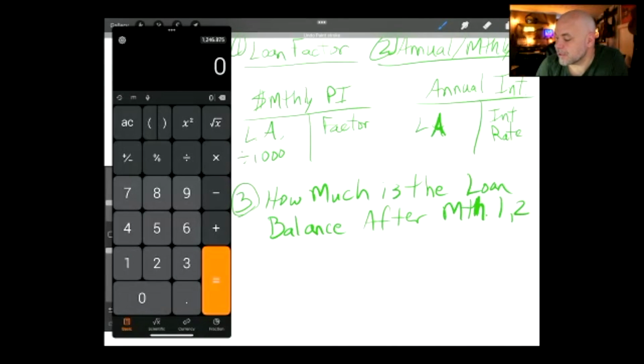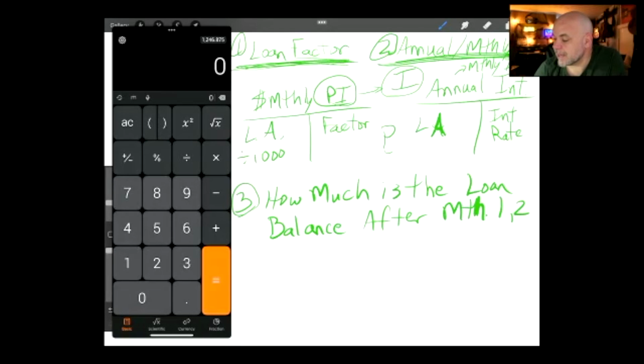They might ask you to do the second month. The first one tells us our monthly principal and interest. The second one, once we know our annual interest, we can turn into monthly interest by dividing it by 12. Now we can subtract them to find out how much our principal is coming down. That's the whole purpose here.